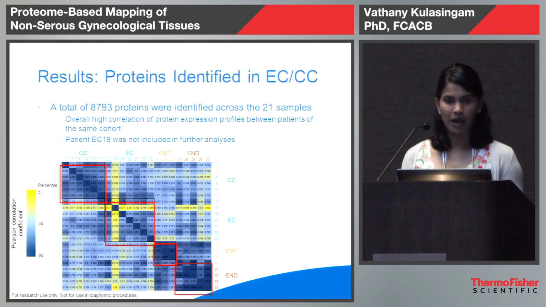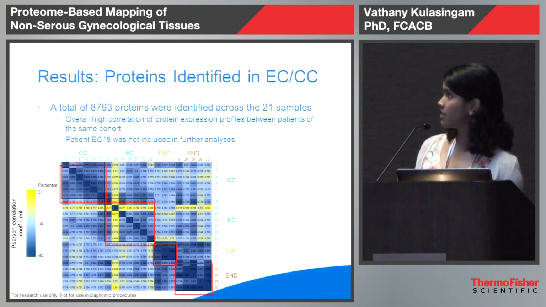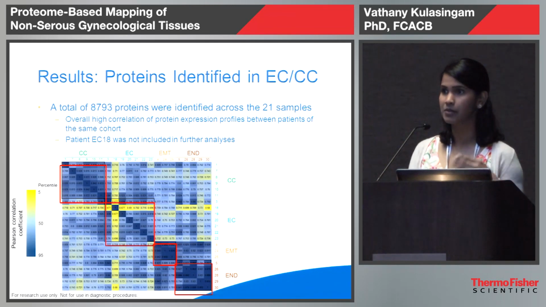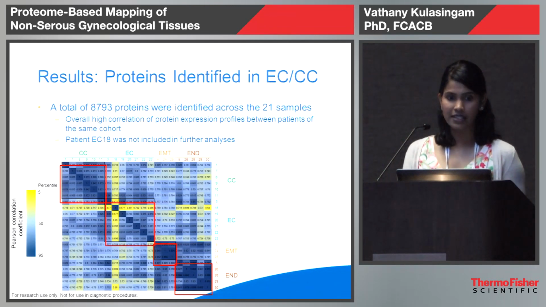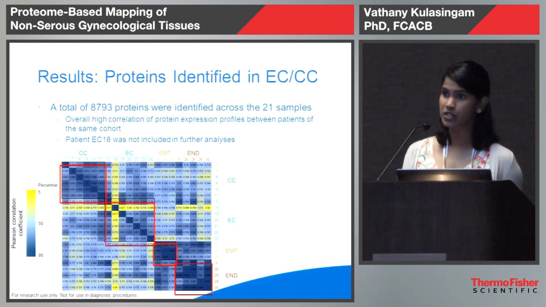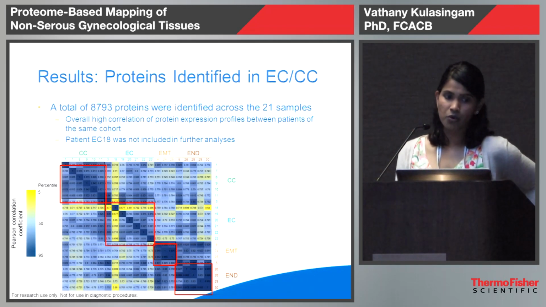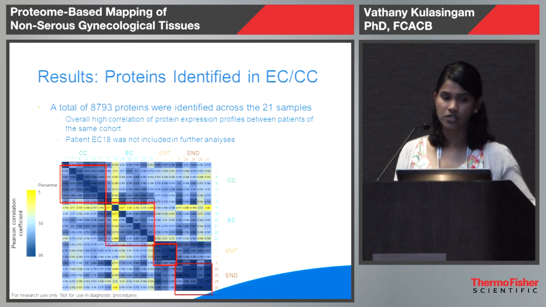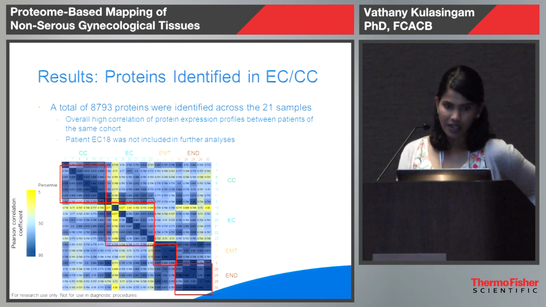And so what we found out afterwards was that EC18 was later confirmed to have mucinous-like elements by the pathologist. And so the pathology report states that there appeared to be endometrioid, but immunohistochemistry staining was more in keeping with a gastrointestinal type carcinoma, and mucinous carcinoma often has origins in the GI tract.